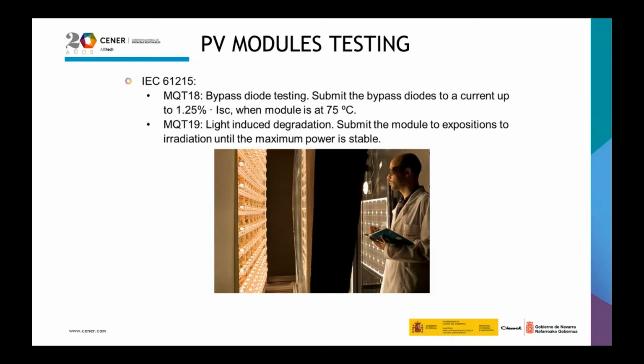And the MQT-19 is a light-induced degradation test, because all the modules need to be electrically stabilized. For this purpose, all modules are exposed to a defined procedure. This test changes depending on cell technology, and all the modules are exposed to a defined procedure, defined in each subpart of the standard, and the output power is directly measured afterwards.